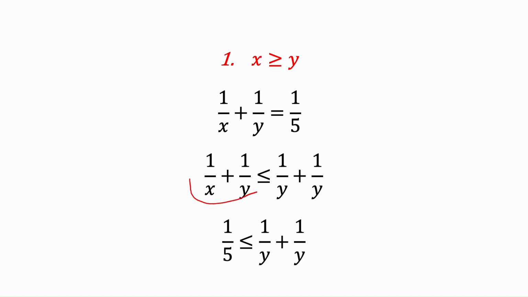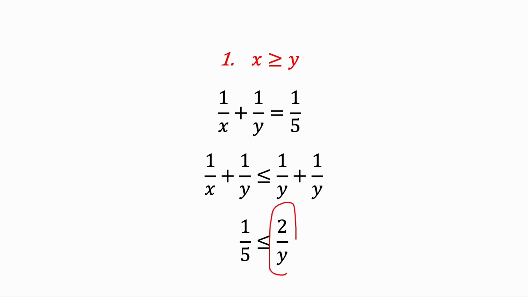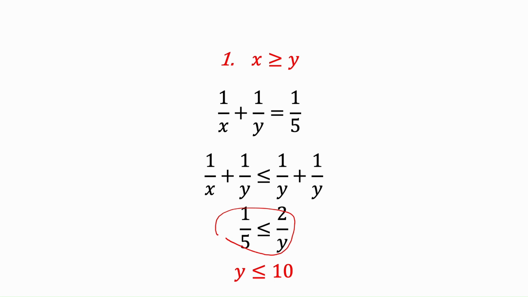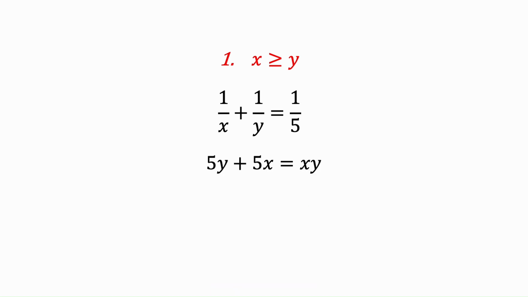The left-hand side is our main equation, so it equals 1 over 5, and the right-hand side is 2 over y. So from here, we can find out y needs to be less than or equal to 10. So now we found the upper bound for y.